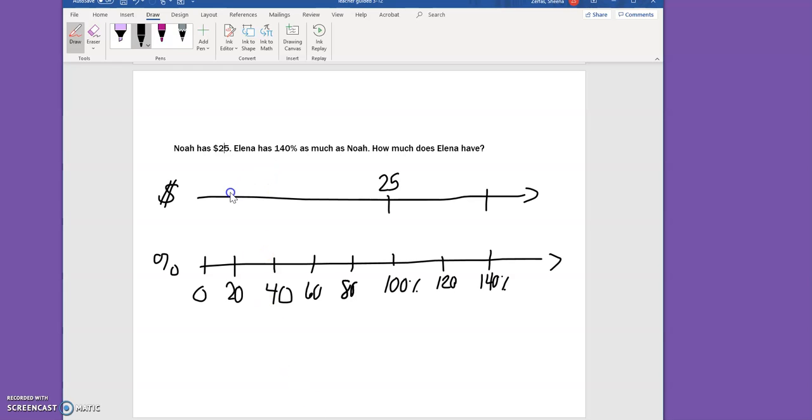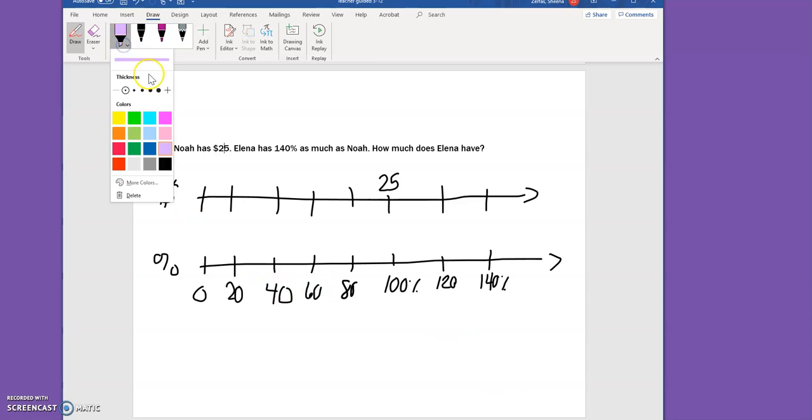Now our last step is to figure out what am I counting by? I'm going to look at how many spaces I have. Going from my zero amount of dollars to 25, I have 1, 2, 3, 4, 5 spaces.